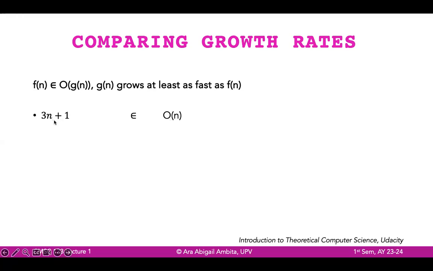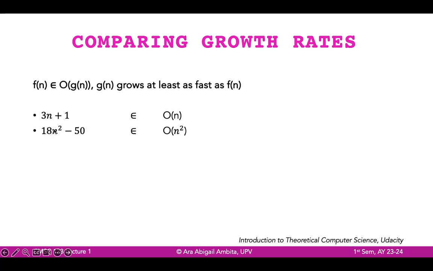So if we have 3n plus 1, what we are going to do is remove all the constants. So we will remove 1, and then we will remove 3, so we will be left with n. So n is in O of n, where the worst case is O of n. The running time will be O of n, I mean.